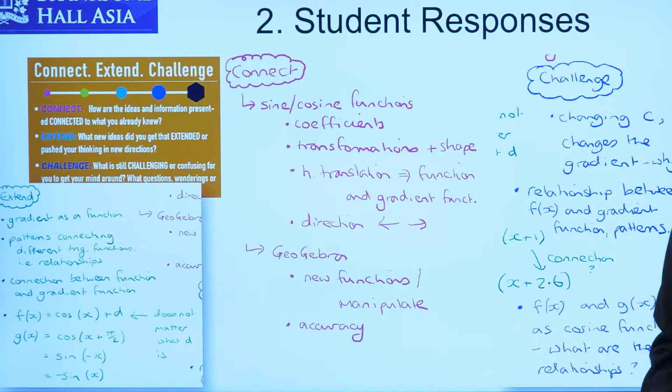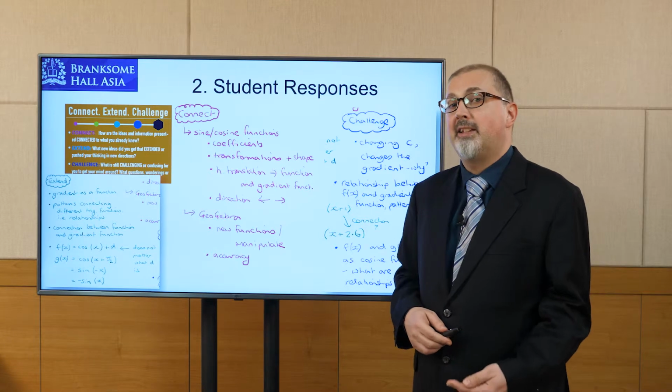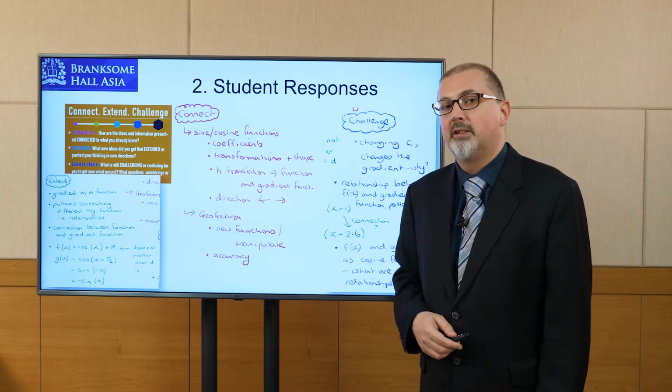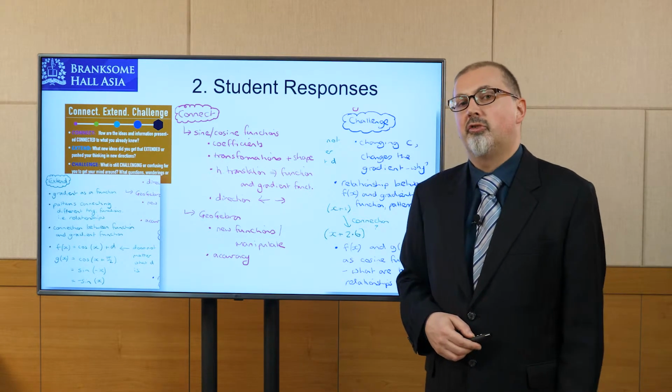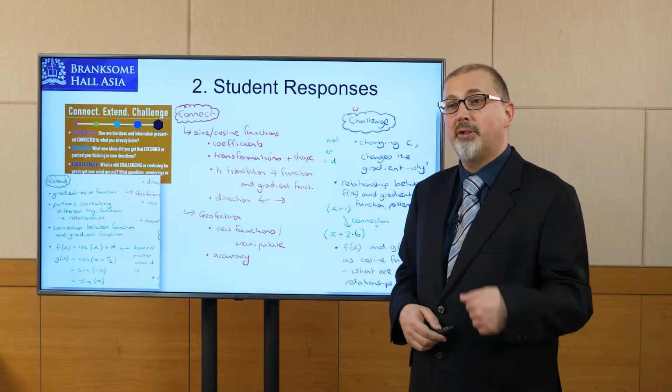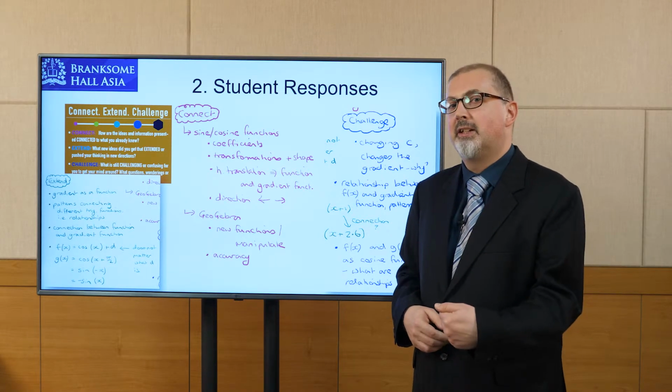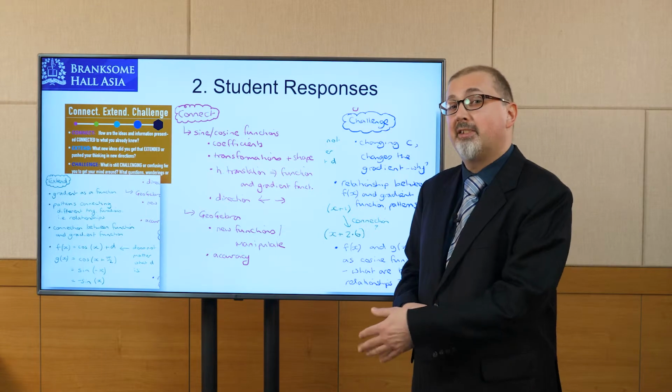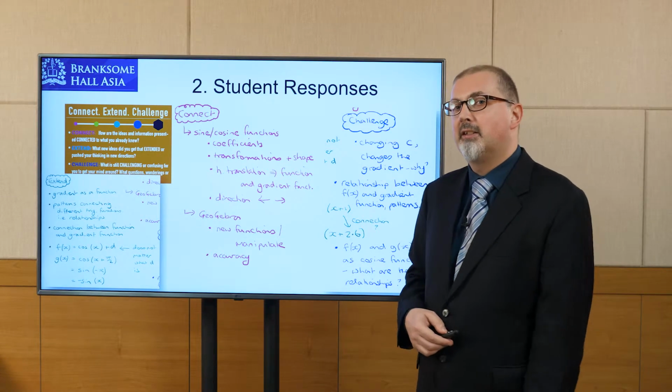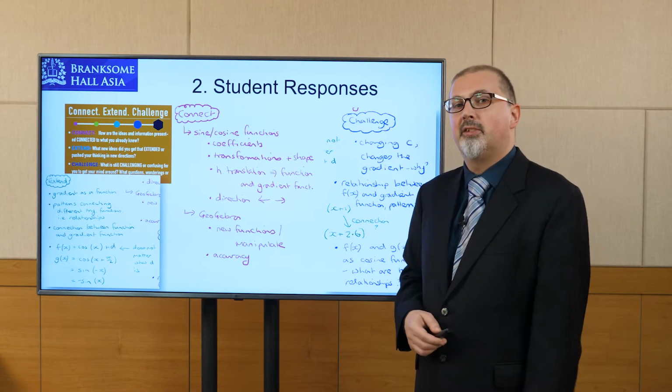And that was an opportunity then to talk to the students about, well, if you translate a graph vertically, why wouldn't the gradient function change? So there are deeper concepts which we haven't even started to talk about necessarily in the units yet, which the students are starting to explore.